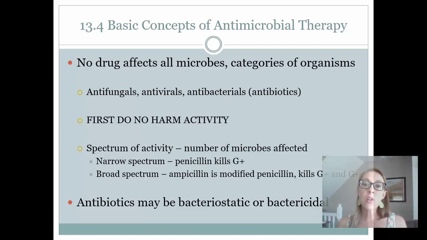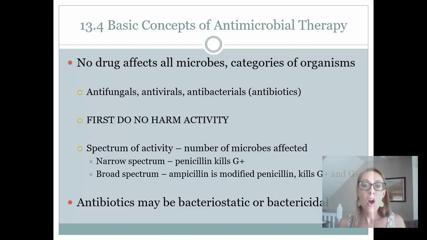So when we start looking at different categories of pathogens that we might be inhibiting, we use different names to reflect those different types of drugs. When we start talking about antifungal drugs, those are drugs that are going to inhibit fungal growth.